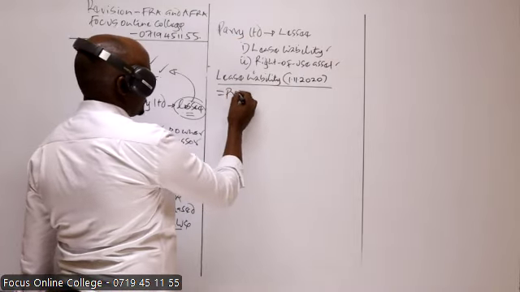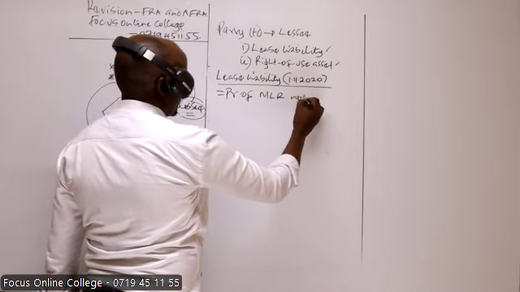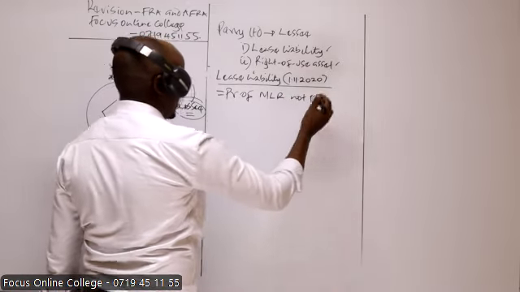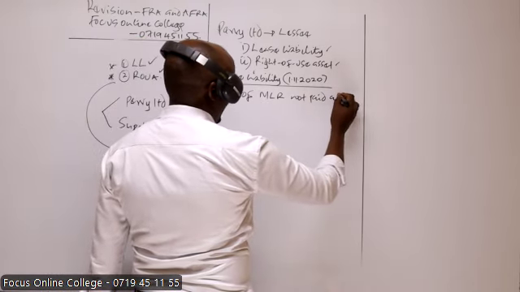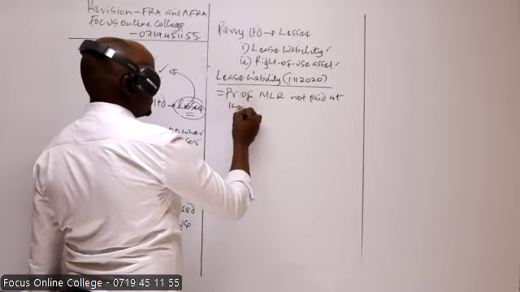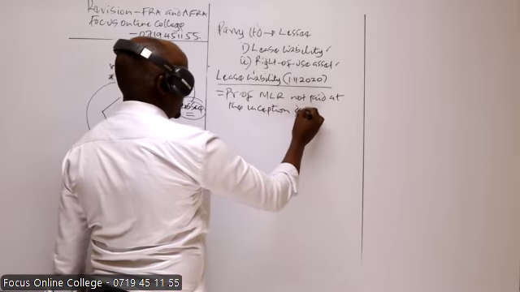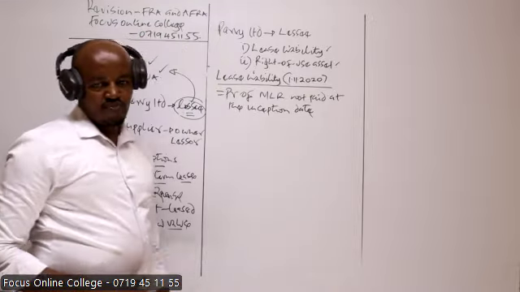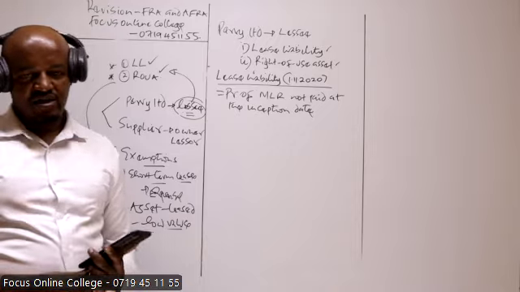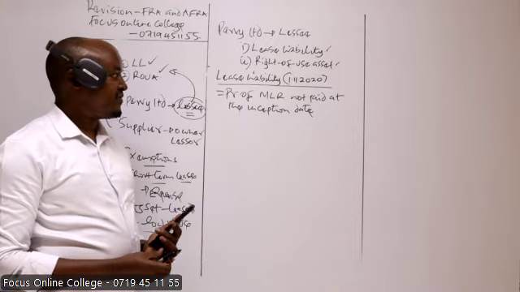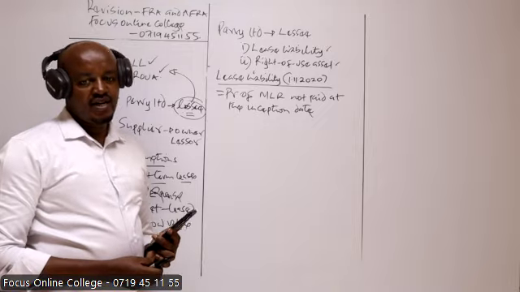The lease liability, we said, is equal to the present value of the minimum lease rentals not paid at the inception date of the lease. In other terms, to compute this particular lease liability, what we do is that we discount.